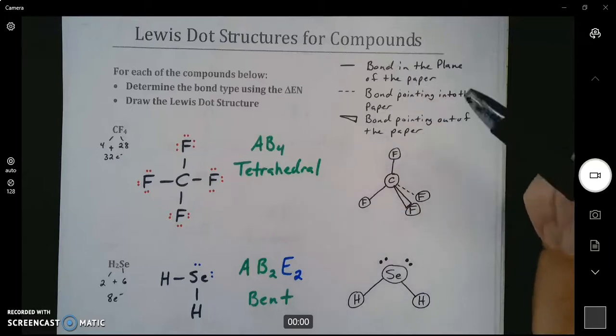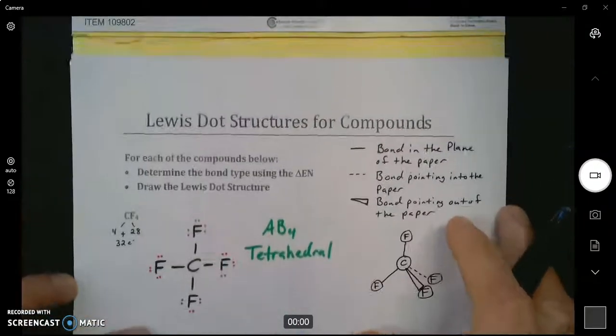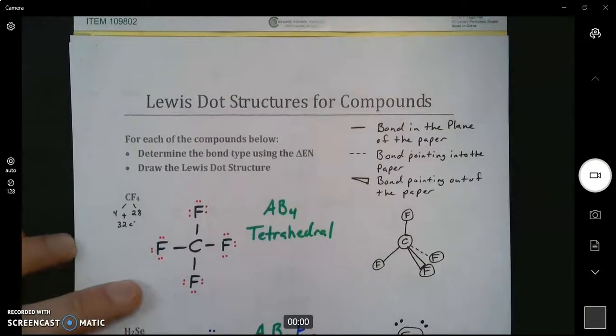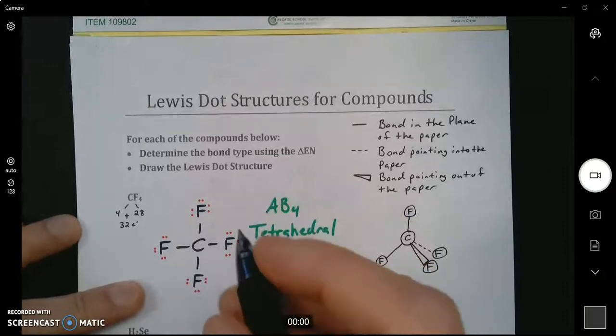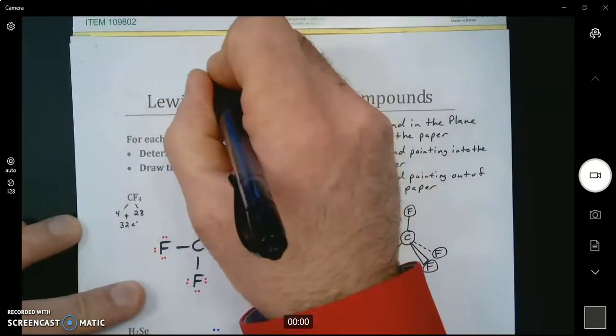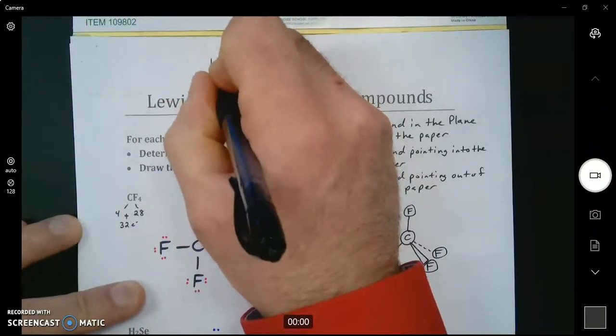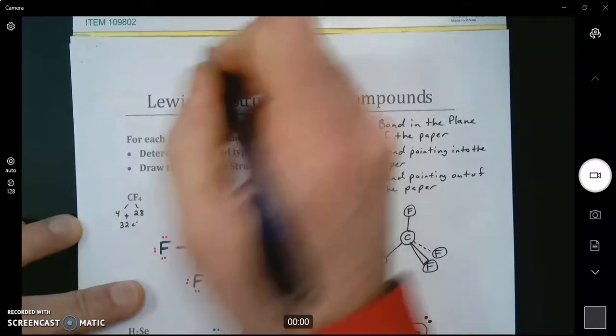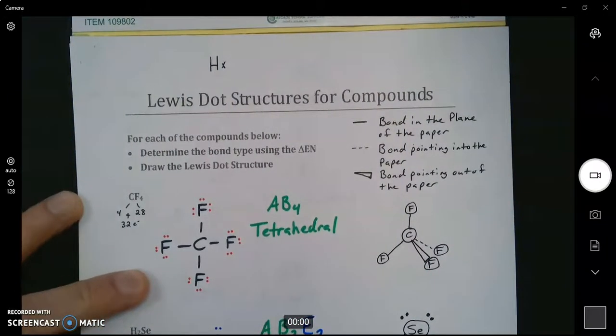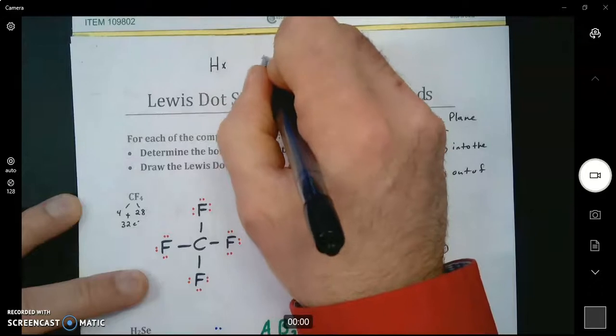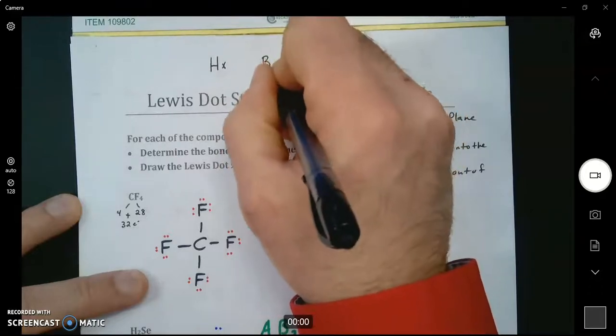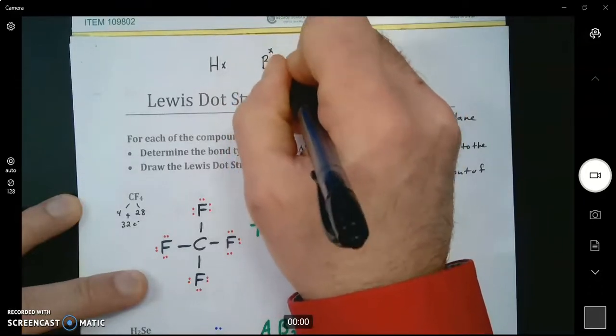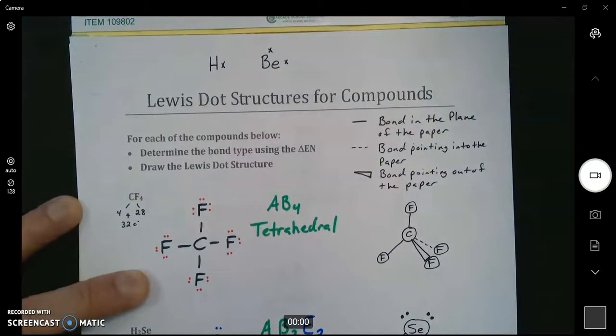Remember, anything that has less than 4 valence electrons simply wants to make a bond and pair up its unpaired electrons. So hydrogen has 1 unpaired electron. It wants to make 1 bond. Something like beryllium, that rarely but does make covalent bonds, has 2 unpaired electrons.